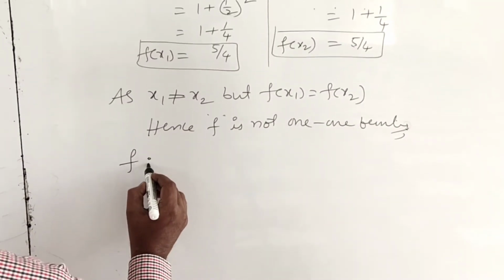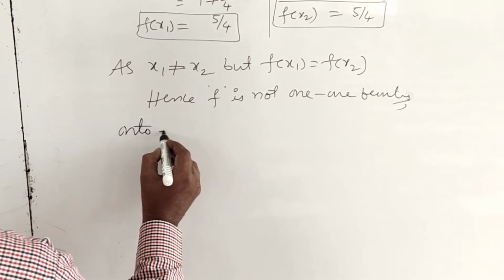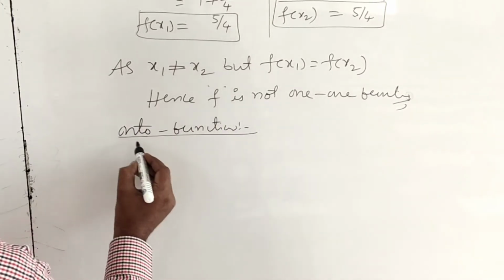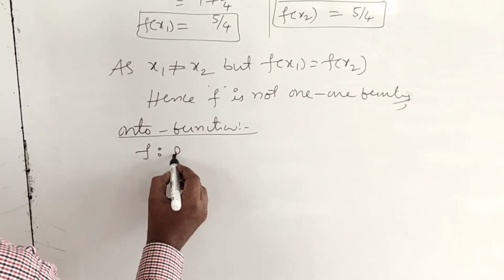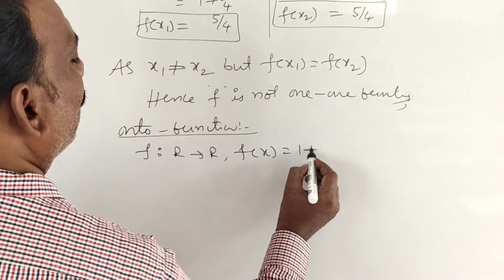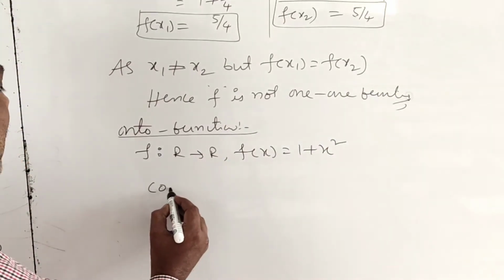So f is mapping, so we are writing it is an onto function. F is mapping from R to R, f of x is equal to 1 plus x square. So carefully observe. What is the codomain here, students?